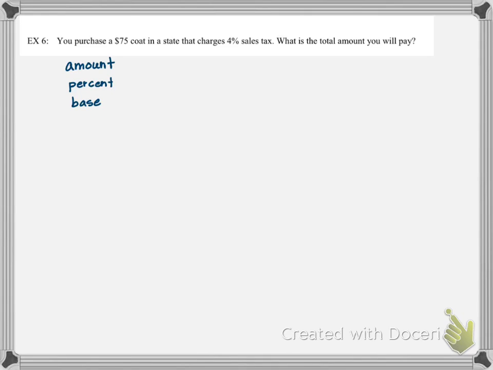I think of my final, what I'm looking for, as the total amount I'm going to pay, the amount that I pay after the tax. So I'm going to make that my amount. The amount is going to be the amount paid after tax. But that means that my percent also has to be the percent paid after the tax. It can't be the percent of the tax because then the two don't correspond. So this is going to be the percent paid after tax.